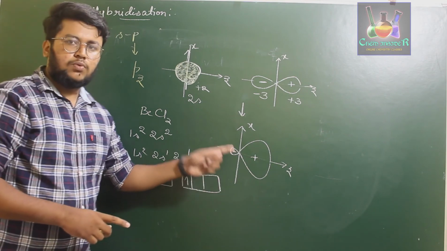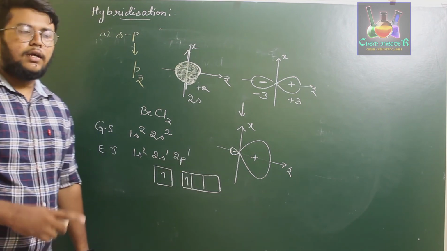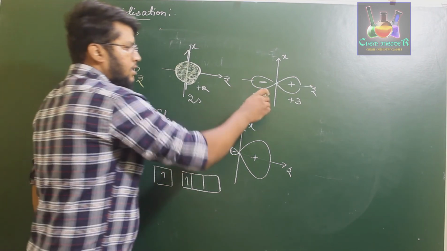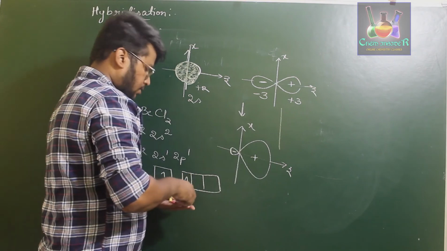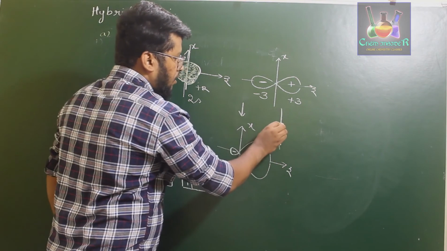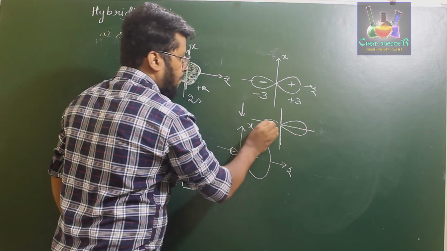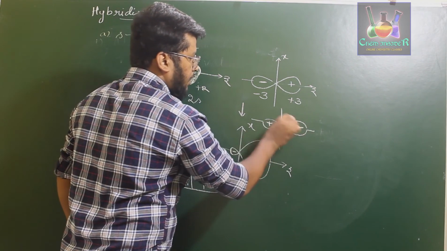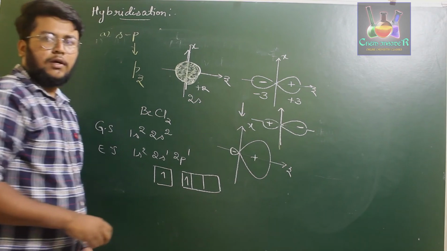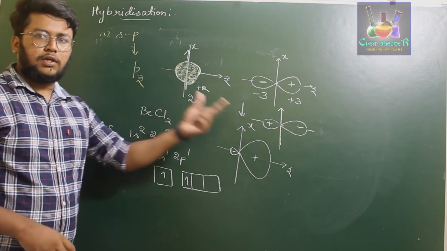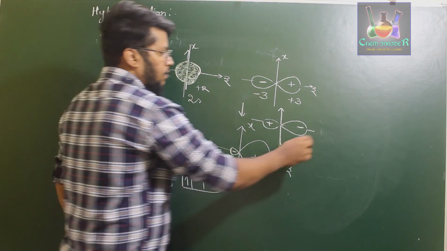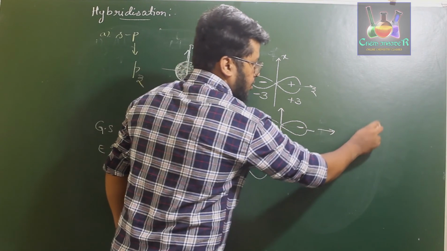That is, this is one type of sp hybrid orbital, and in the other case, the same pz orbital will be of opposite direction. That is, plus on this side and minus on this side. Okay, plus on the left, minus on the right. Then it will give us a different type of hybridization.